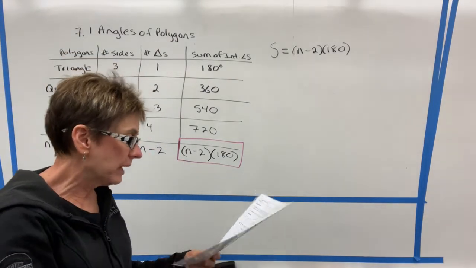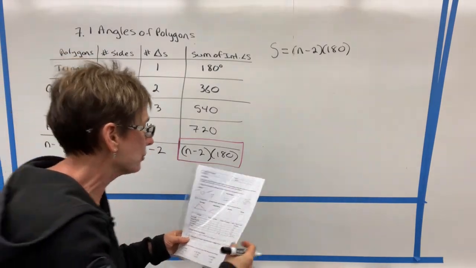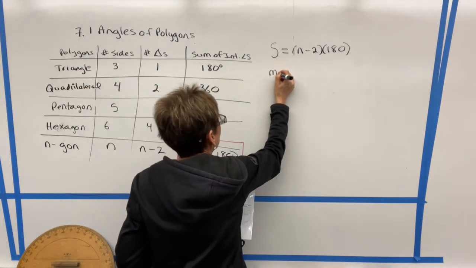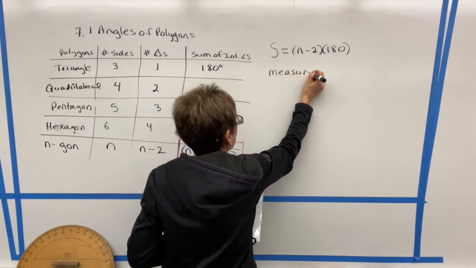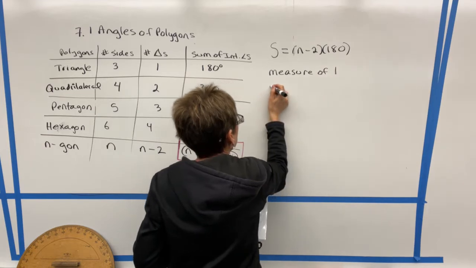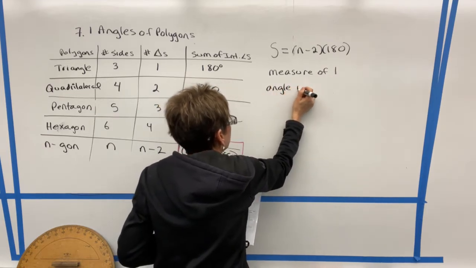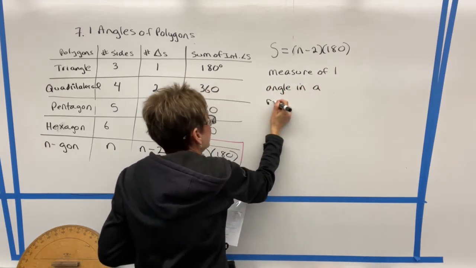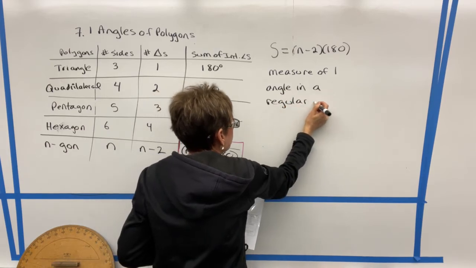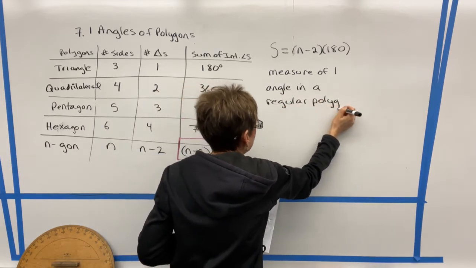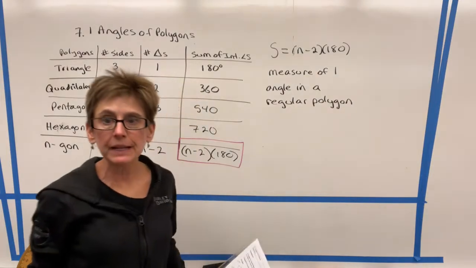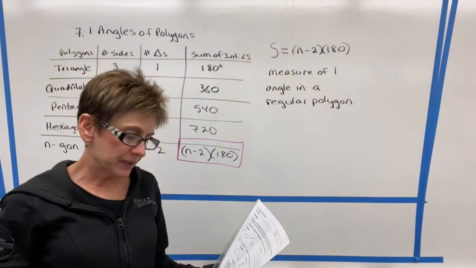But before we do, I also want to tell you how to find the measure of one angle in a regular polygon. Now remember that regular means that all the sides are the same length and all the angles are the same measure.